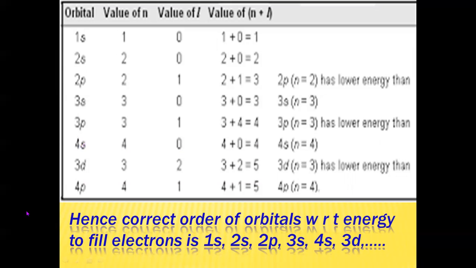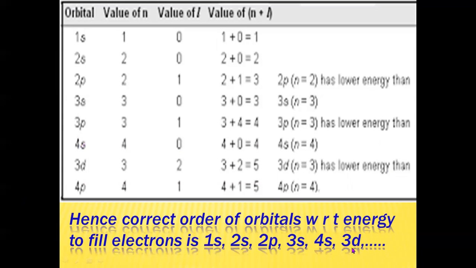So ultimately the order of orbitals in increasing order of their energies is again 1s, then 2s, 2p, 3s, 4s, 3d.